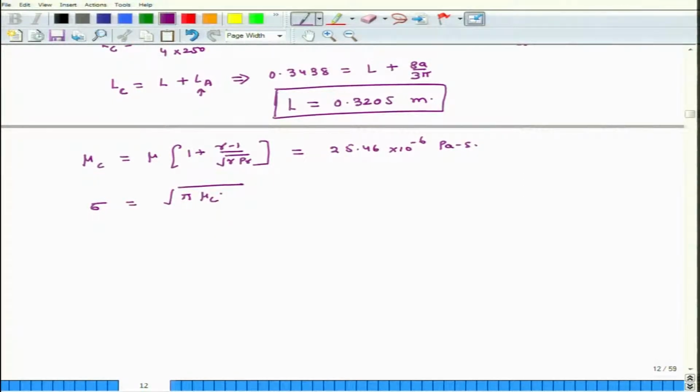So, it is mu c times the frequency of interest, which in this case is 250 hertz, divided by rho naught times a times c. If I plug in all the numbers, I get 0.0137 meter inverse.